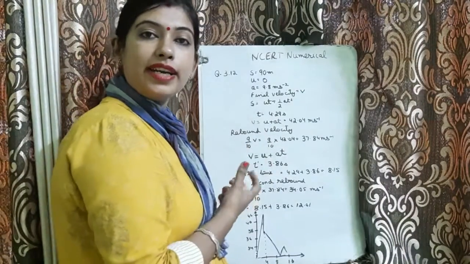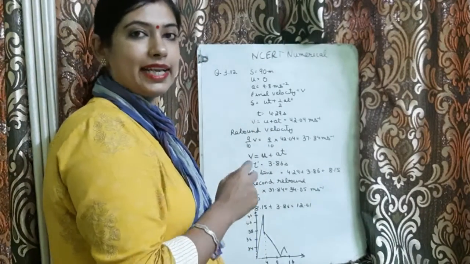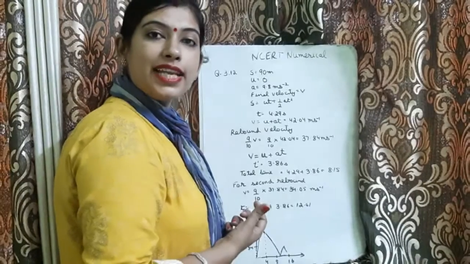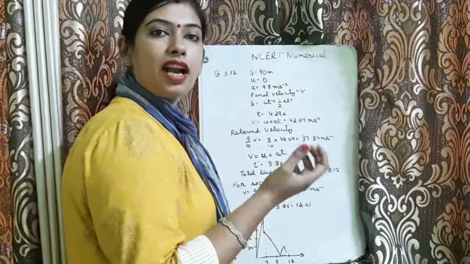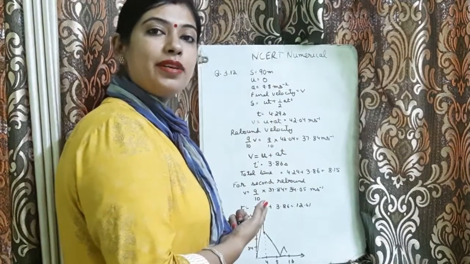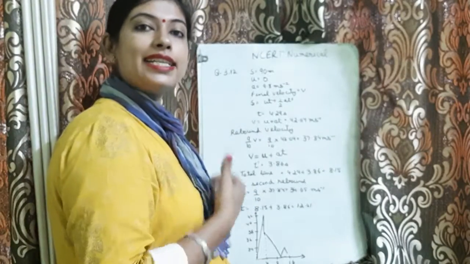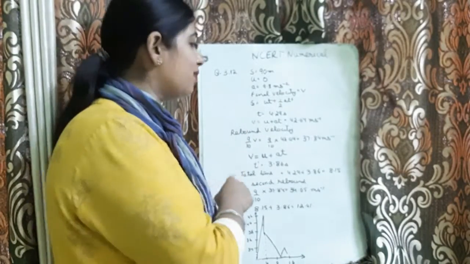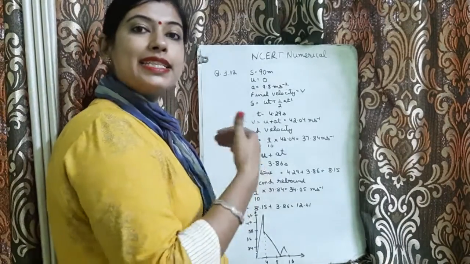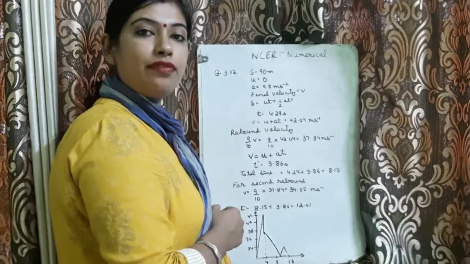This we have calculated from the first equation of motion, that is v equal to u plus at. Now we have to calculate the rebound velocity. Now what is rebound velocity? After striking the ground, when the ball comes up again, its velocity at that time is known as rebound velocity. I have already explained that it is 9/10 of the previous velocity. What was the previous velocity? 42.04. We take 9/10 of it, it will come out to be 37.84 meter per second.